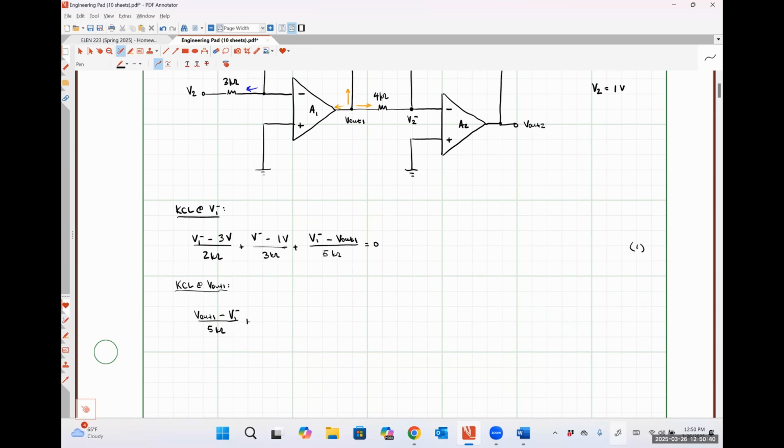The current flowing to the right through that 4 kiloohm resistor would be V out 1 minus V2 minus over 4 kiloohms. And then we have the current flowing to the left. Okay. So most of the time when I ask students to apply KCL at this output node, they would tell me that I would just add those two guys together and set them equal to 0.